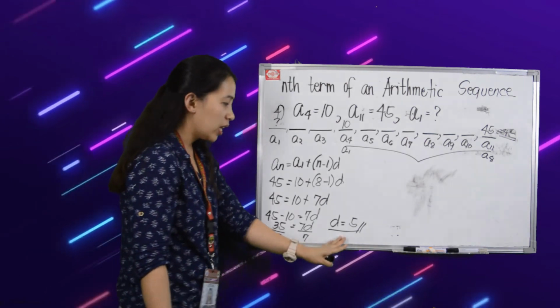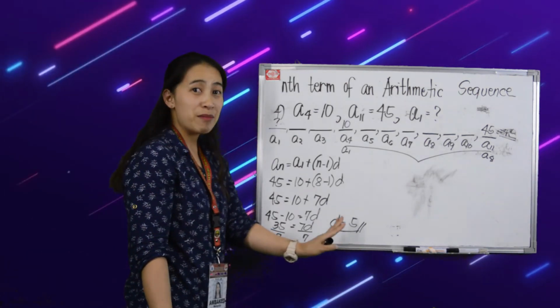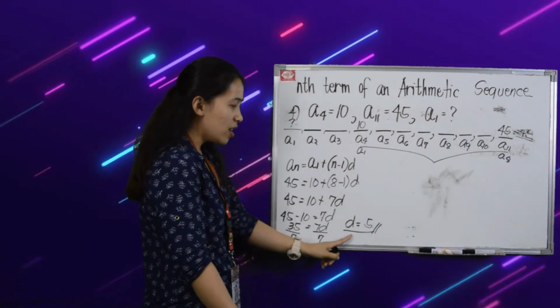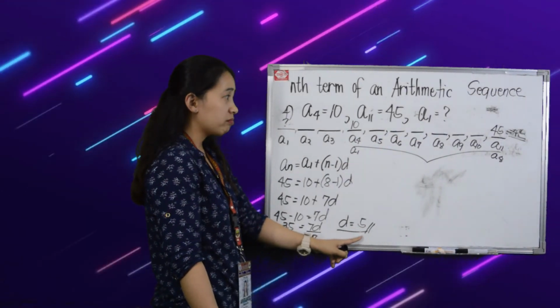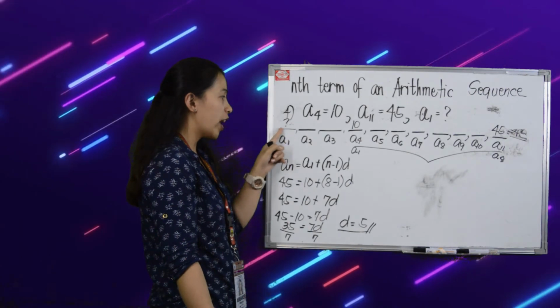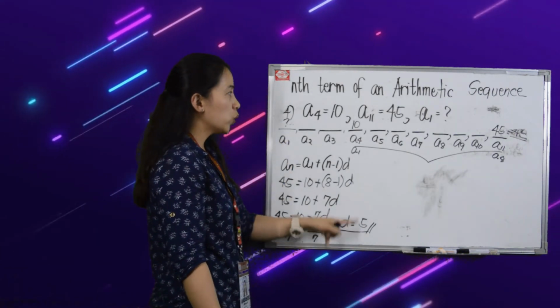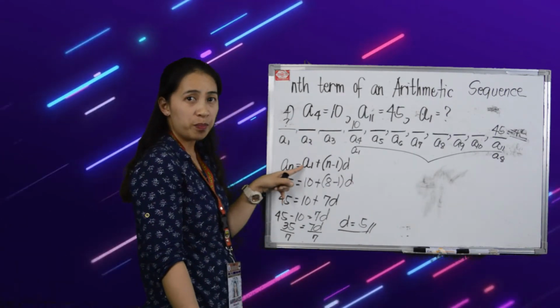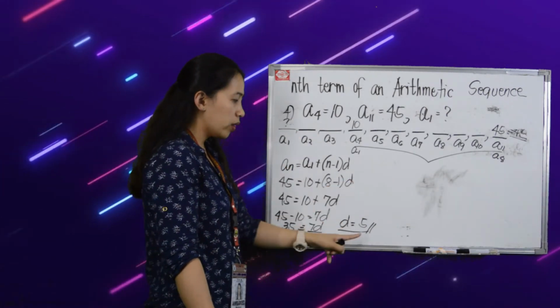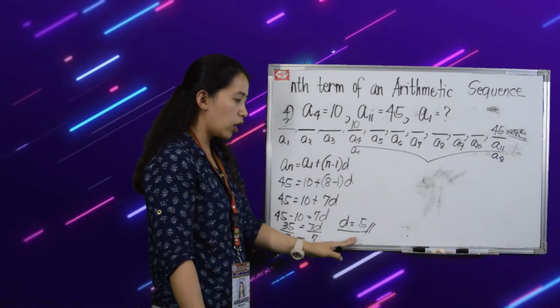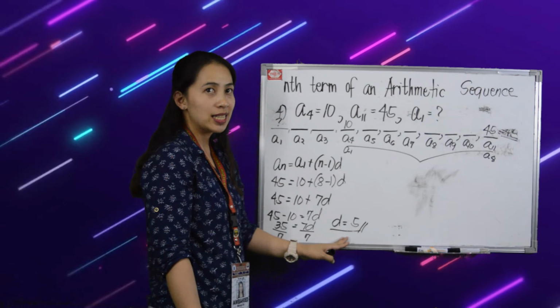But this is not the one we are looking for. Remember, we are looking for a sub 1. So d is the common difference. How are we going to find a sub 1? We can either use again the nth term, or we're going now to use the common difference.